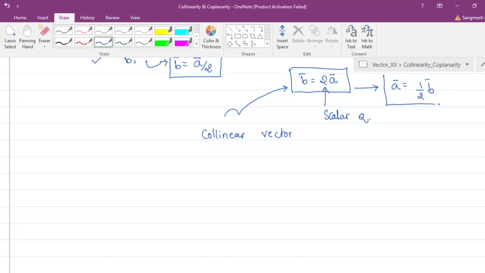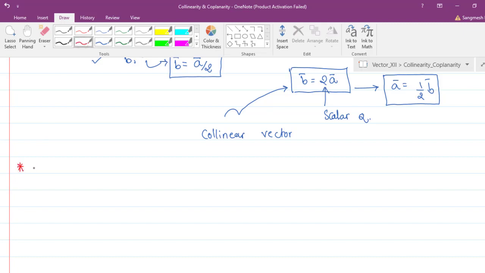This relation also I can write. So if two vectors are scalar multiples of each other, then they are collinear vectors. Make a note of this.